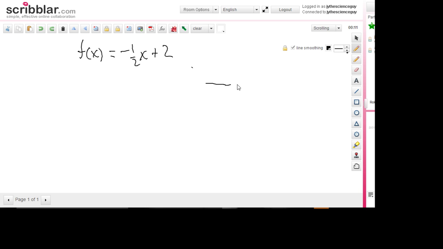So I'm just going to graph this line really quickly. Okay. Do you understand how that's the picture of the line?